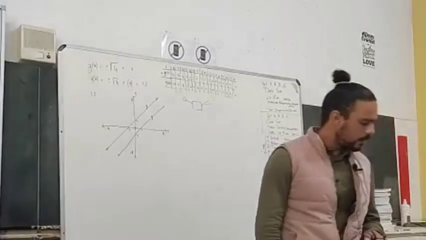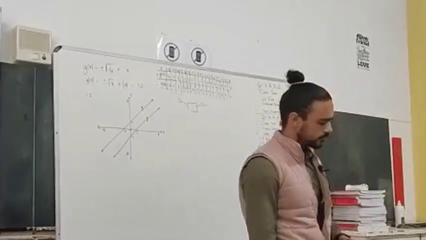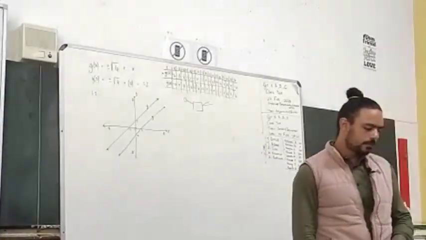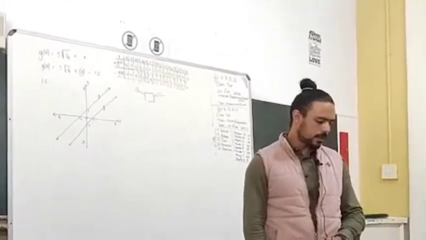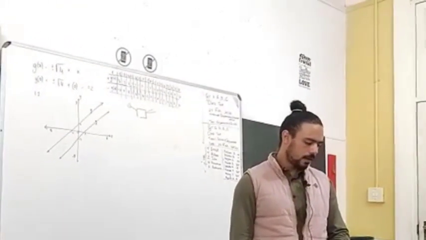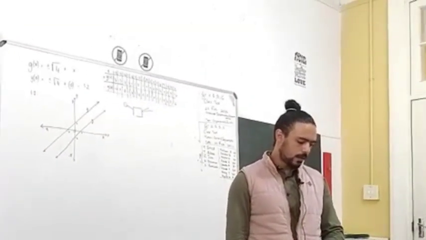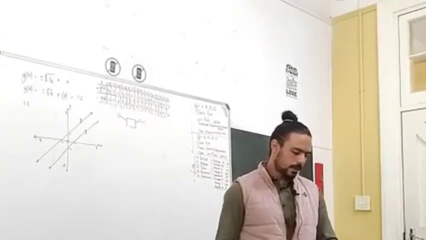We are now at question number 2. Consider the set A, which has the values 2 and 4, 2 and 7, 3 and 5, and 4 and 1. Now they ask you, is set A a function?